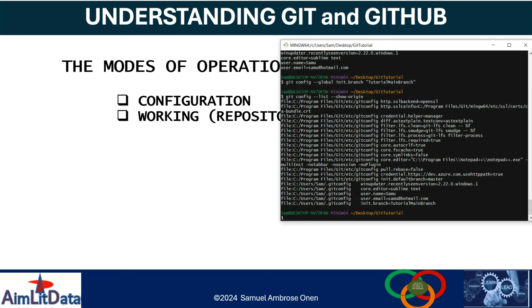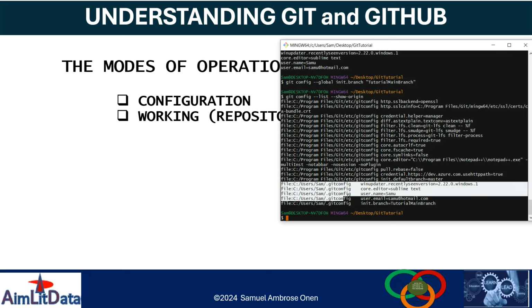My friend, this is how to check the Git configuration from the local scope up to the system scope. So I have set the configuration from the global scope.